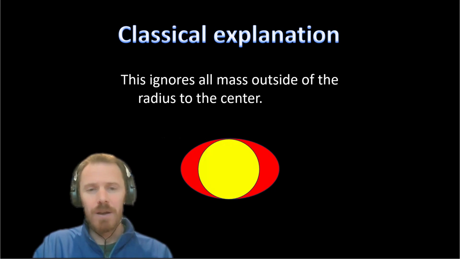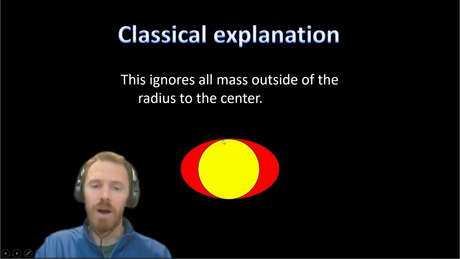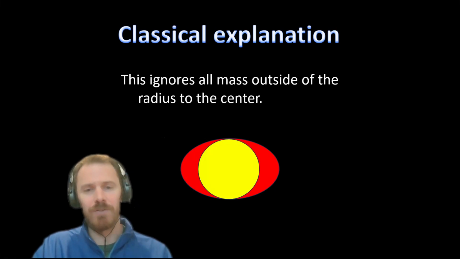It's counterintuitive to imagine that the mass with close proximity to us has no gravitational effect, yet mass furthest distant from us still does have gravitational effects. Why would we include some mass and not others? Conceptually, it doesn't quite fit.